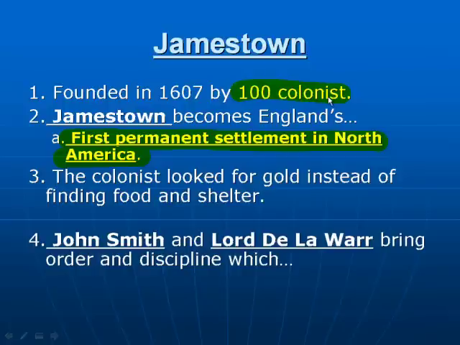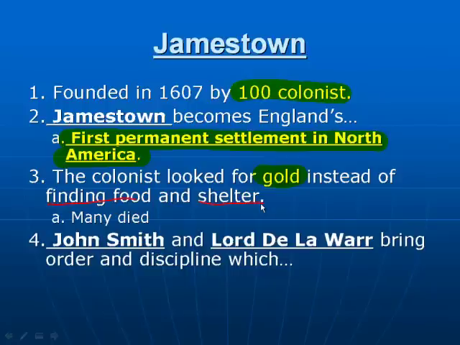So what they start saying is, you go over here, there's gold all over the place, and you're just going to get out of the ship and trip over huge gold nuggets. And these colonists are like, oh yeah, let's go over there and get this gold. They get off the ship in Jamestown, and instead of finding food or setting up shelter, they look for all this gold, and what happens is many of them start dying.